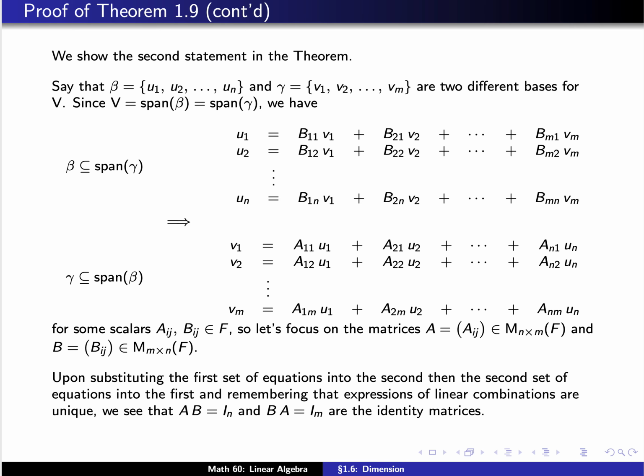Now, what you can do is you can take the expressions for the v's as linear combination of the u's and substitute those into the expressions where the u's were the linear combinations of the v's. And after you stare at things for a bit and realize that beta is a linearly independent set, then you see that m has to be n. There's just no other way around it. Another way to say this, as we get more advanced throughout the course, is that we actually do have a product of matrices. We find a couple of different identity matrices, and we'll find that our matrices have to have the same size. M has to be n.